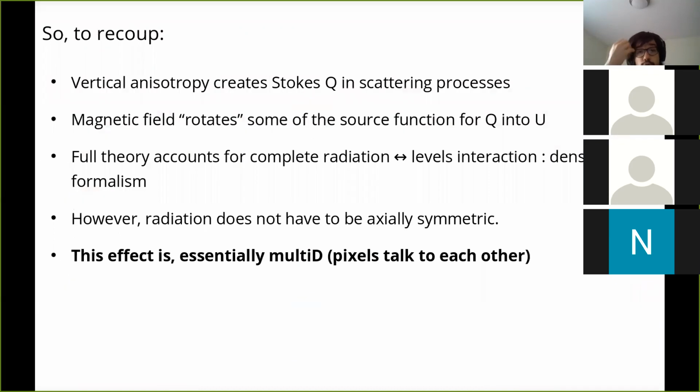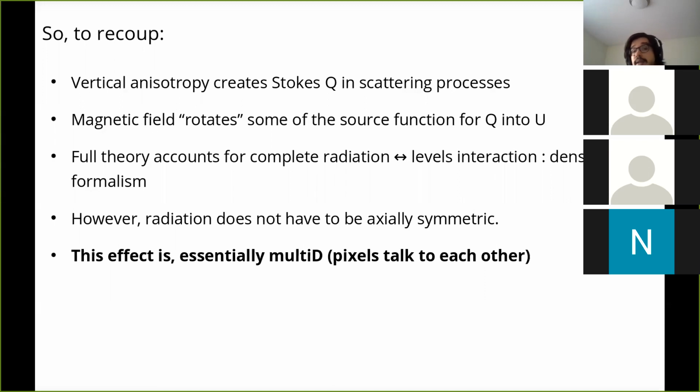Right, so to recap these things, and then I'm just going to run in a few minutes through some more complicated stuff: what we started from here is that the vertical anisotropy creates some Stokes Q, right? And then the magnetic fields, in a way, rotate some of that Stokes Q into Stokes U. And there is a full theory, which is the density matrix formalism, which completely takes into account the interaction between the radiation and its anisotropy and the level structure and the population of these Zeeman sublevels.